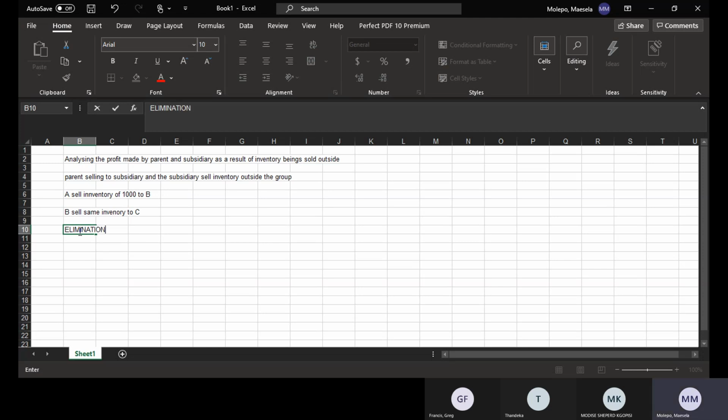Elimination will be the unrealized profit by subsidiary will be eliminated from the inventory. So take note of that. It will be eliminated from the inventory of the subsidiary.